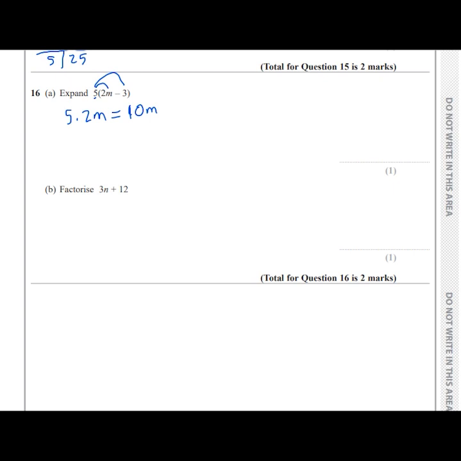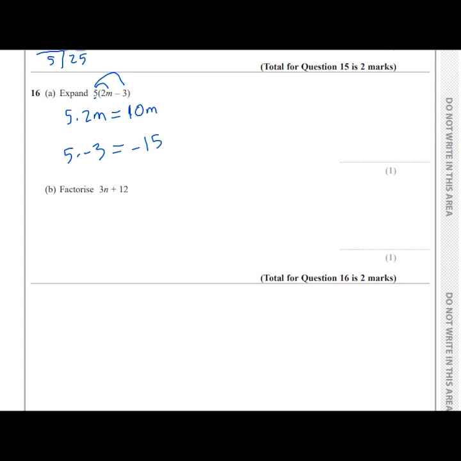So now, we've done 5 times 2m, now we want to do 5 times minus 3. So 5 times minus 3 is equal to minus 15. Again, I won't scroll all the way back up, but we did our 5 times tables and we found 5 times 3 is 15. We can ignore the minus to begin with, just do 5 times 3 is 15 and then add it back in at the end.